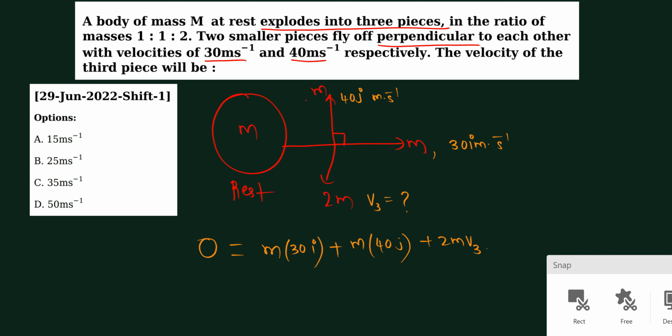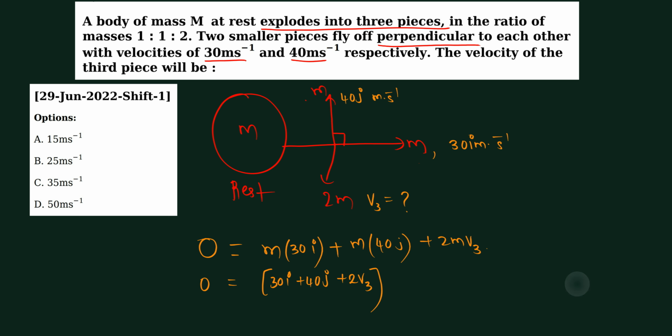Take M common: M(30I plus 40J) plus 2M V3 equals 0. When you take M to this side, it becomes 0 by M, which is 0.